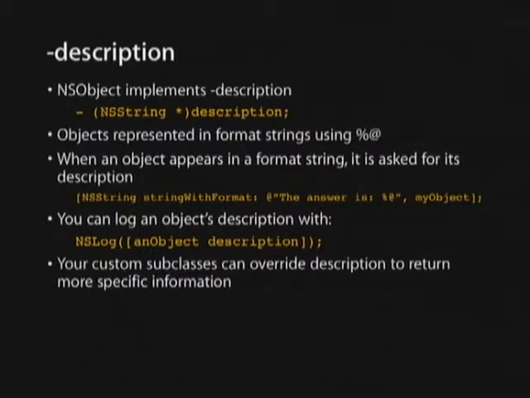We have this %@. So %@ in Objective-C basically allows you to get to the description of an object. You're probably used to %f and %d and these different printf types. In Objective-C, there's this additional %@, which allows you to put an object into a string, and it'll print out the description. Again, you can override the description and return whatever you want.